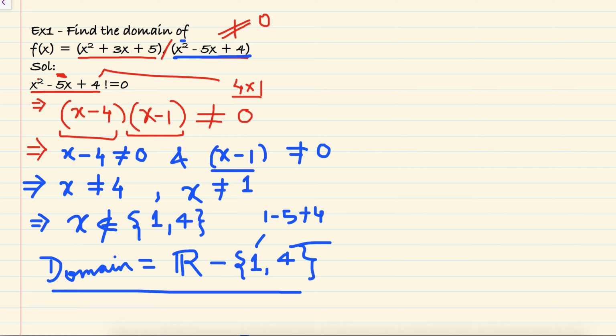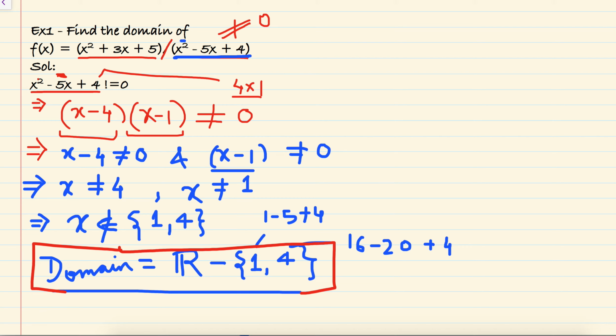And for 4 it will become 16 minus 20 plus 4. So x should not take the value of 1 or 4, otherwise all the other real numbers are fine. So this is the domain of this function f(x).